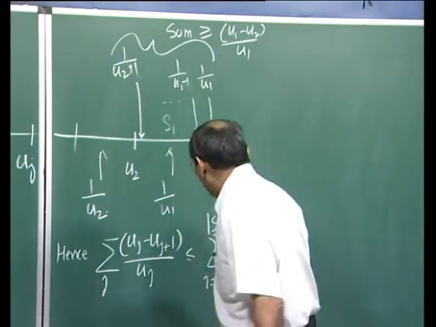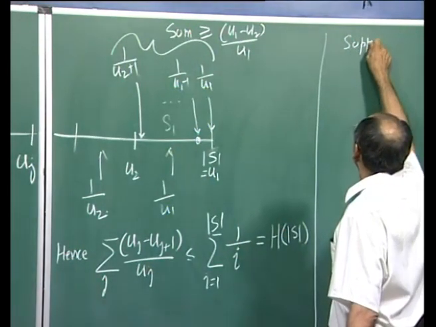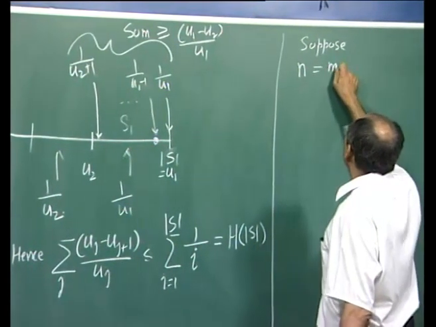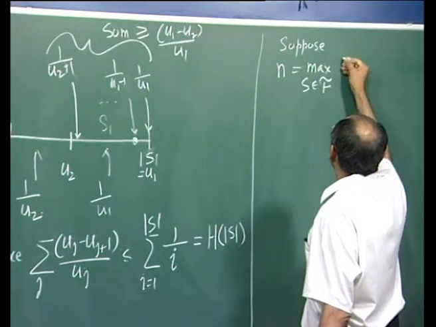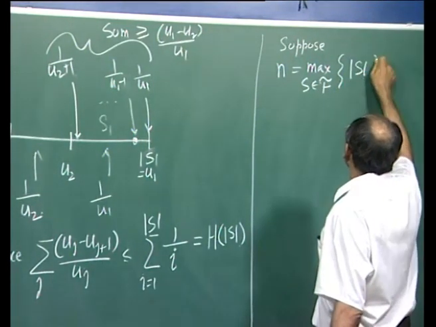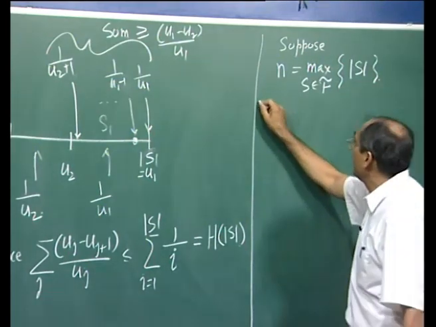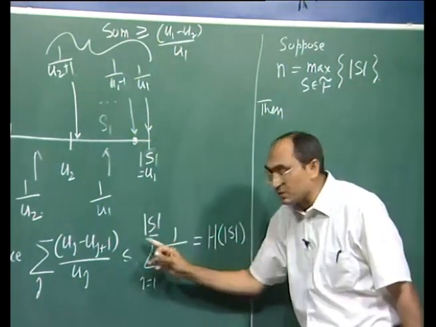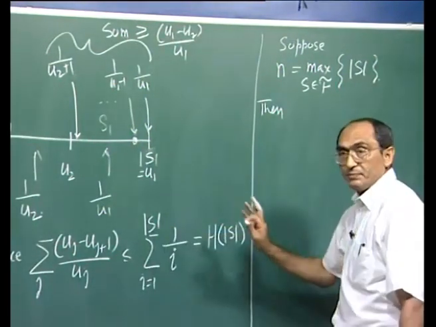Suppose n is the maximum over all S in F of mod S, the maximum cardinality among the members of F. I wanted to avoid the dependence on S, so I am just replacing this by n.